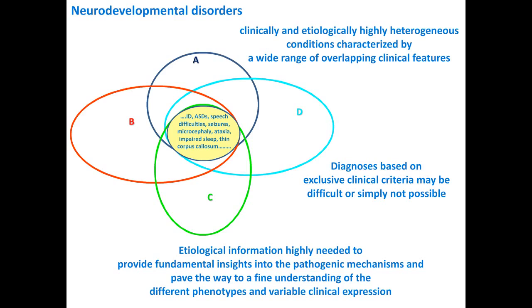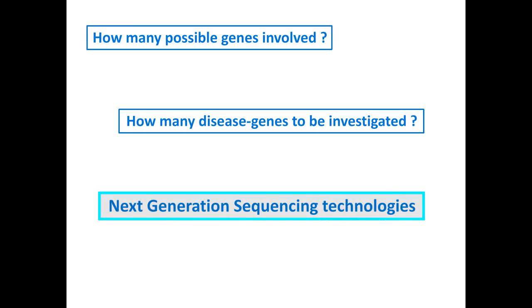So the diagnosis based on exclusive clinical criteria may be very difficult or just simply not possible. On the other hand, etiological information is highly needed to provide insights into the pathogenic mechanisms of these conditions and help understand the different phenotypes, and among them, the variable clinical expression, which is very high. So with this in mind, how many possible genes are involved?